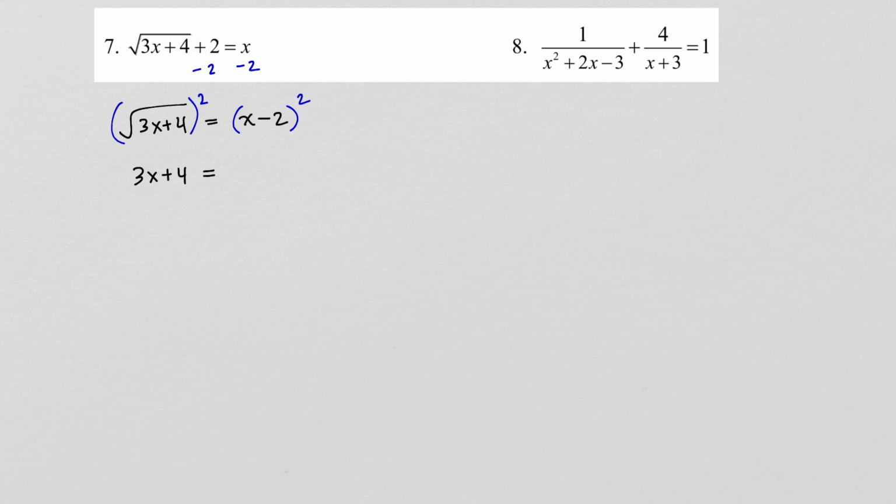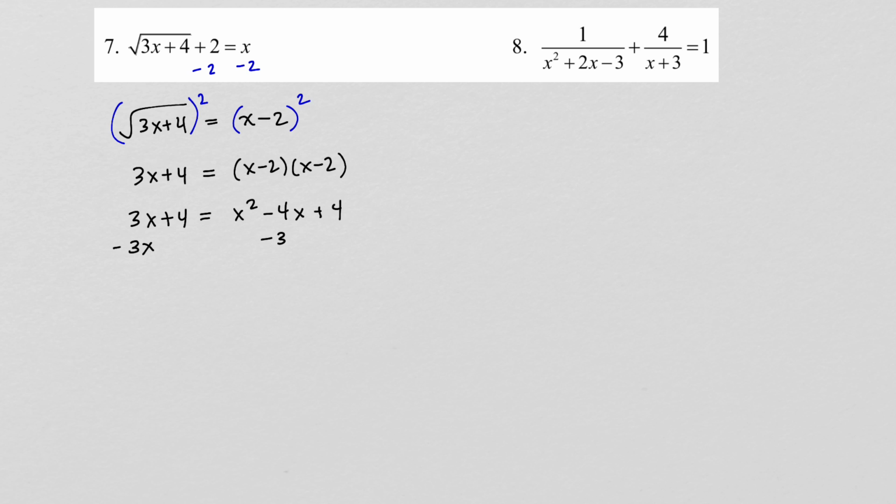And then on the other side, let's keep in mind that (x minus 2) squared means (x minus 2) times (x minus 2). And when you multiply that out, you're going to end up with x squared minus 4x plus 4. Notice now you have a quadratic equation.